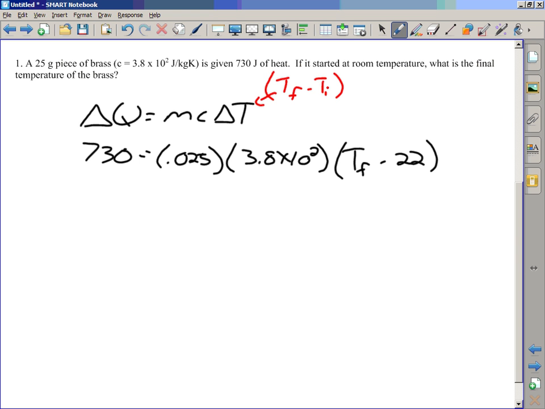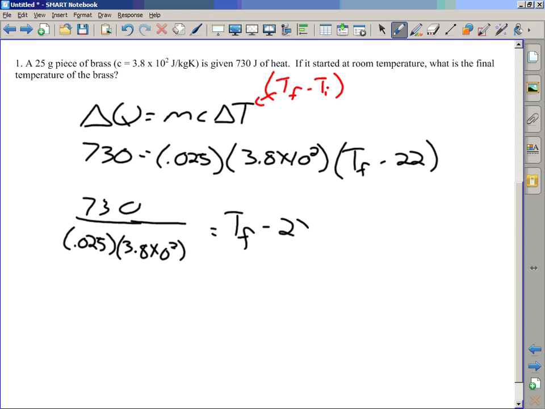So I'm going to have 730 divided by 0.025 times 3.8 times 10 to the second equals TF minus 22.